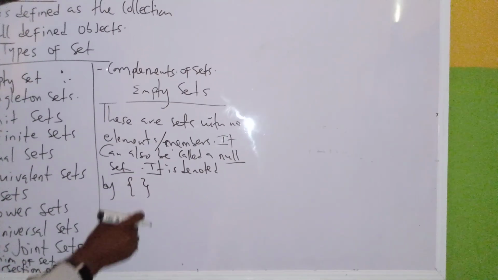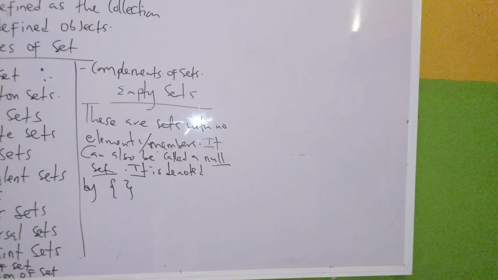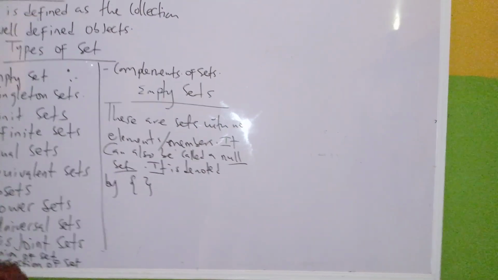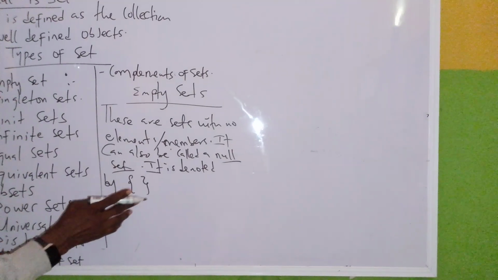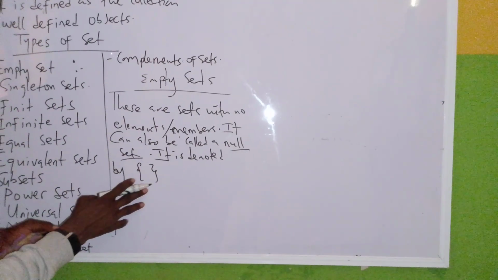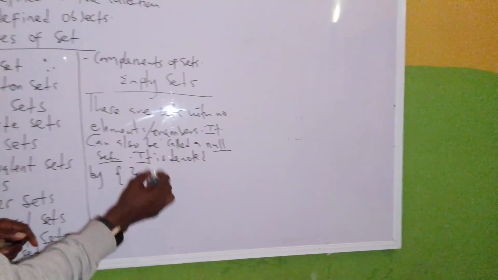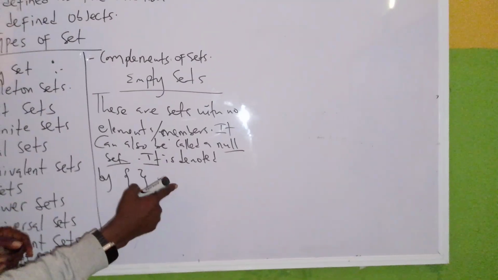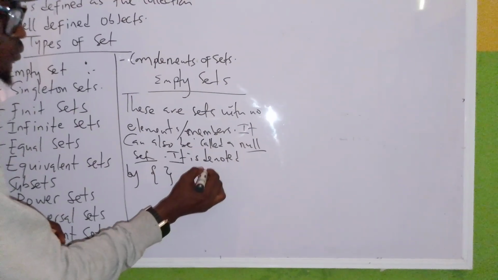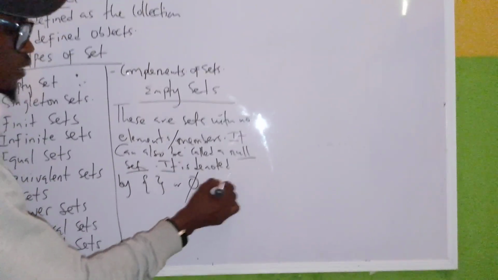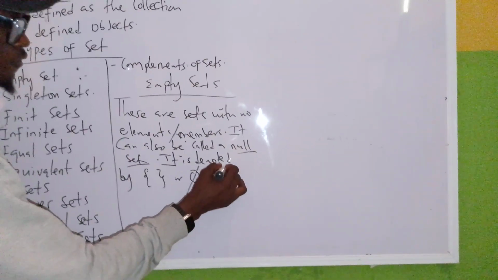So this is the symbol. For instance, you are finding the intersection between something and there isn't any intersection, so the intersection there is empty. You just put this. When a set is empty, this is what you write down. It's not as if you are writing a number. This is just what you are going to write. It is denoted by this, or it is also denoted by this symbol. You can leave this symbol as it is, or you can even use phi.